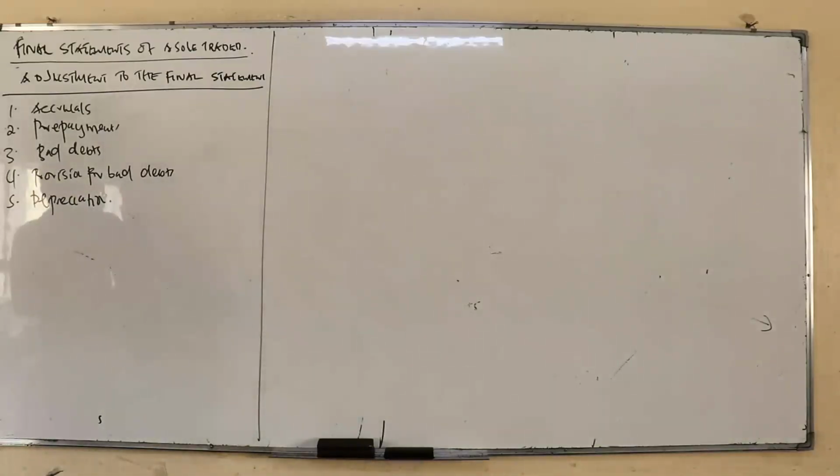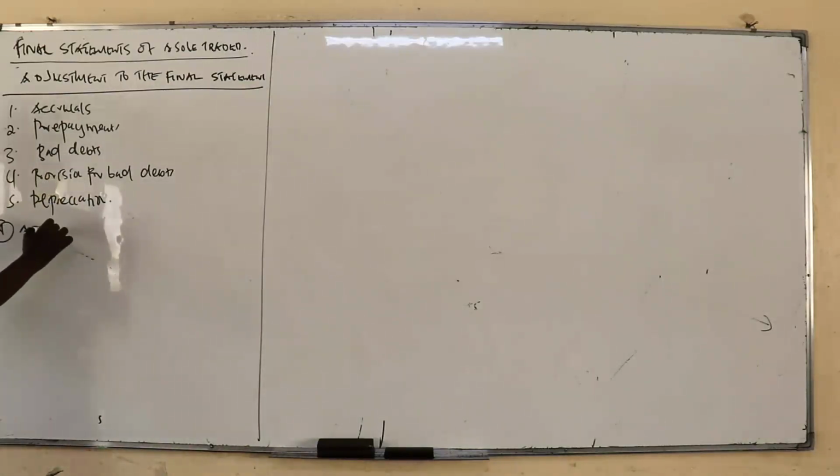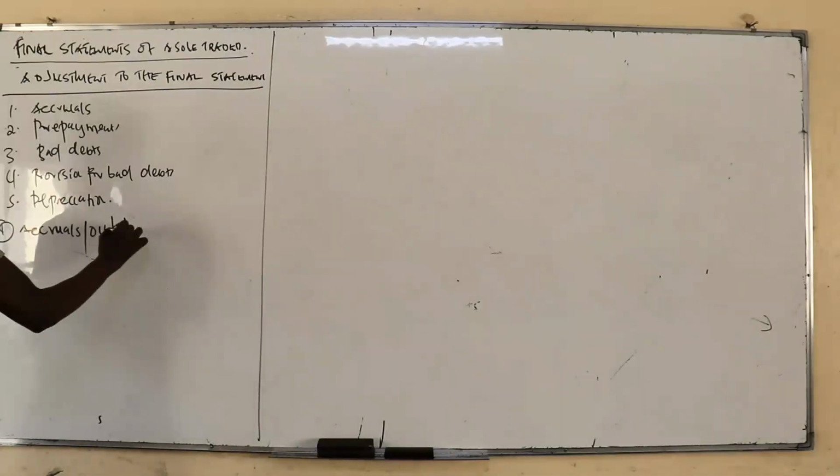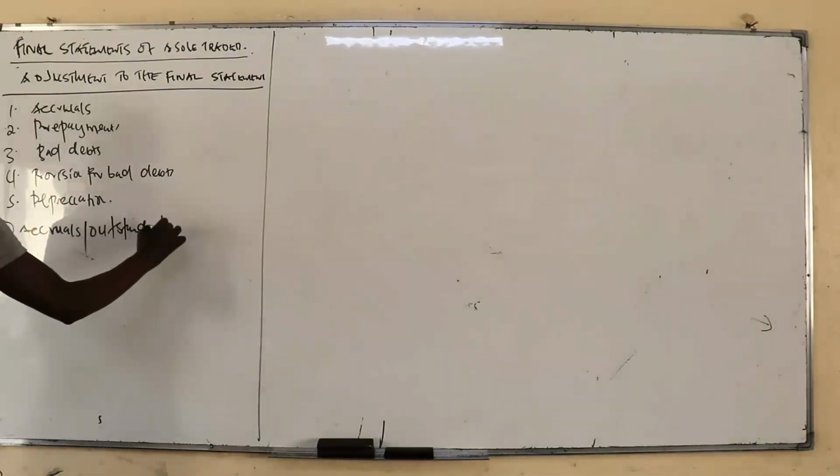So we start with the number 1. We call it accruals. Another name for accrual is outstanding. Sometimes we call it due.